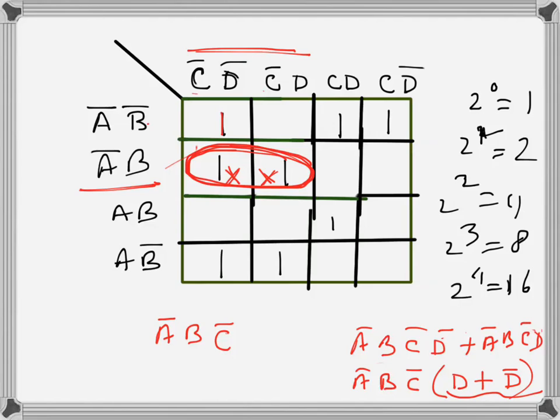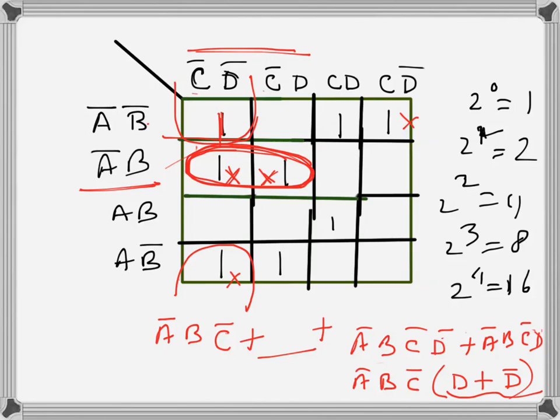A bigger group means fewer literals in a product term, and fewer groups in total means fewer sum terms, because each group means one term. So I have to take all the ones. This one I can take either with this one here or with this one here. So I will probably go with this one.